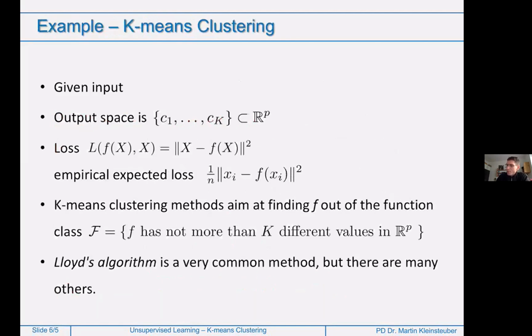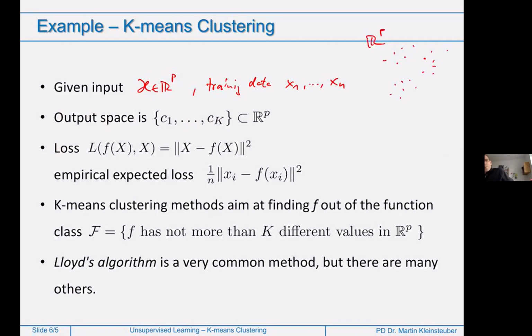Okay, so in this k-means clustering example, let's just formalize it. So we have given some input x in RP, or respectively training data x1 to xn, right? So this lies here somewhere in our high dimensional space RP.